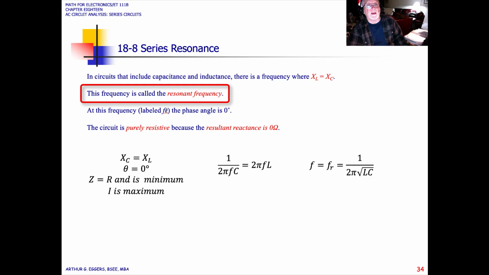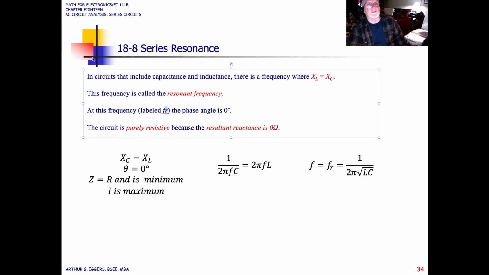So we label that F sub R as our resonant value, and it has a phase angle of 0. So the circuit is purely resistive at this point because the resultant reactance is 0 ohms.